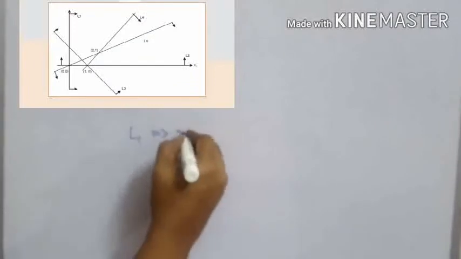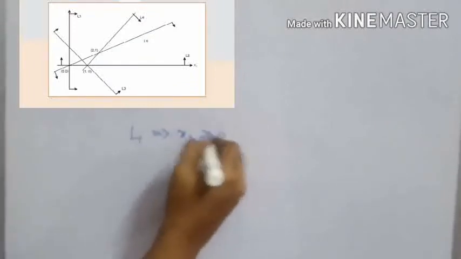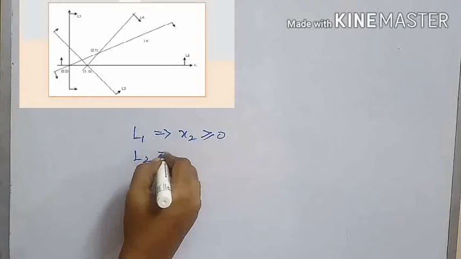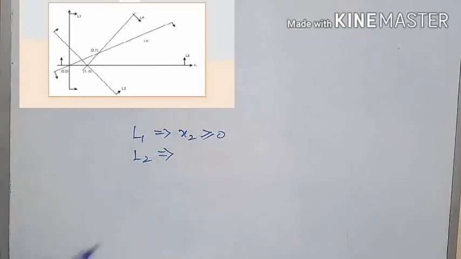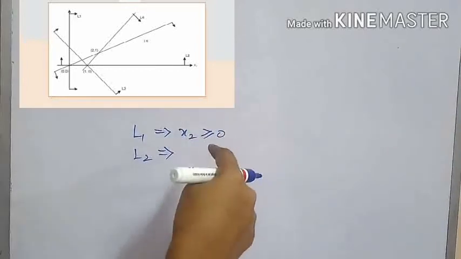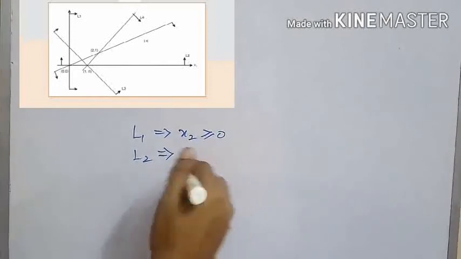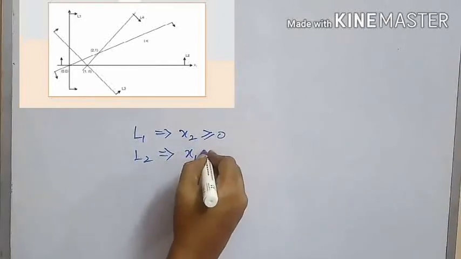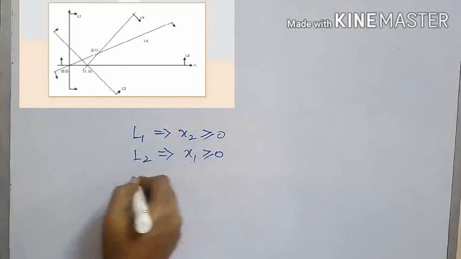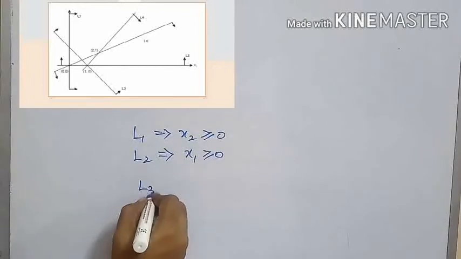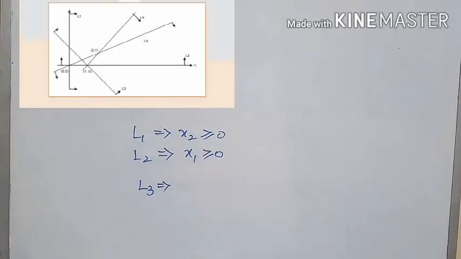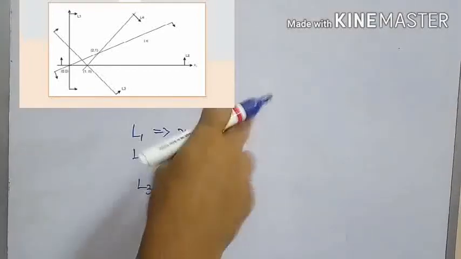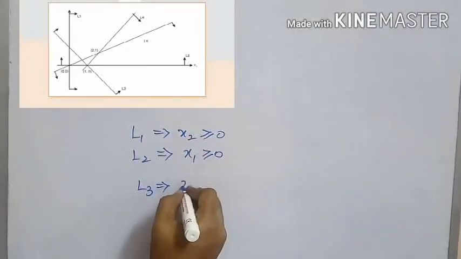The common region on the graph is expressed by the set of 5 inequalities, which are line L1 represents x2 greater than or equal to 0, line L2 represents x1 greater than or equal to 0, and line L3 represents x1 plus x2 greater than or equal to 1. That is away from the origin.